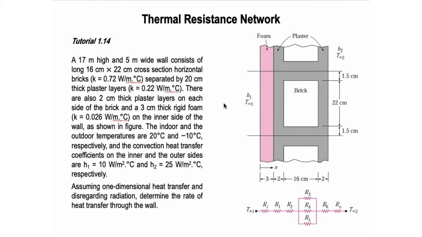Okay, so this is the inner side, with the foam. So the temperature of the inner is 20 degrees C and -10 degrees C for the outdoor. So H1 and H2 is given 10 and 25.